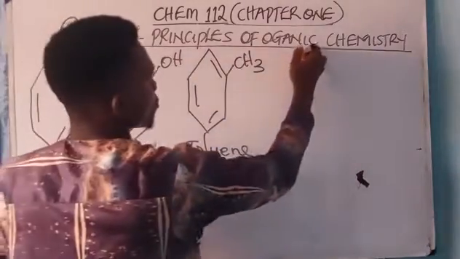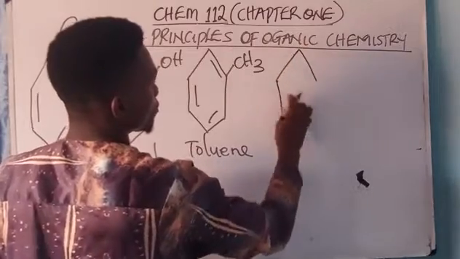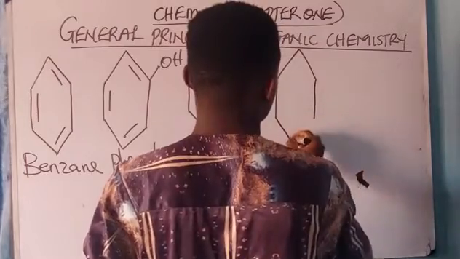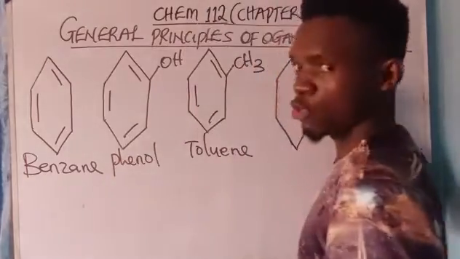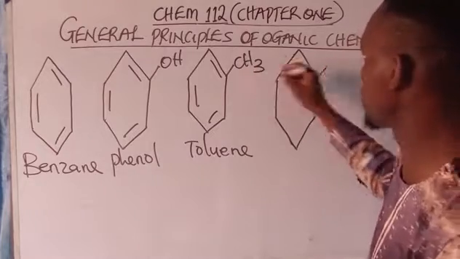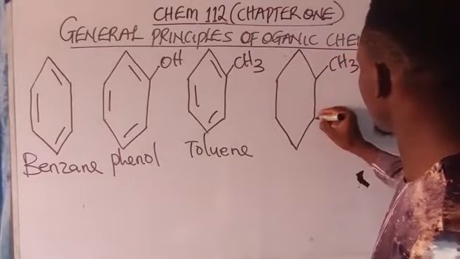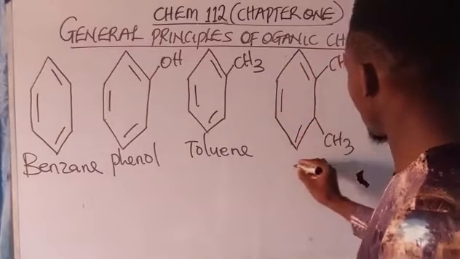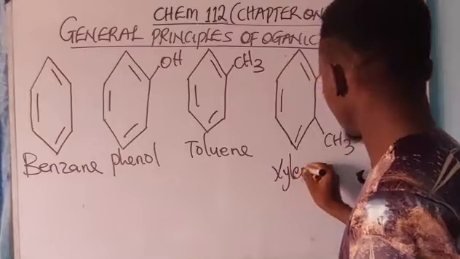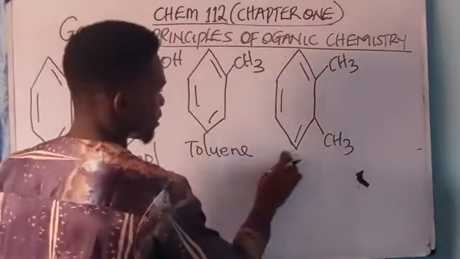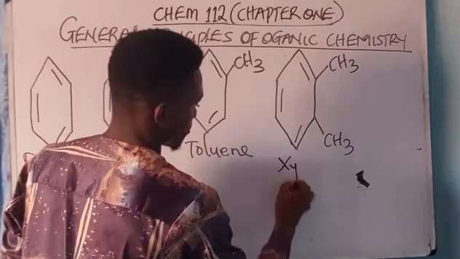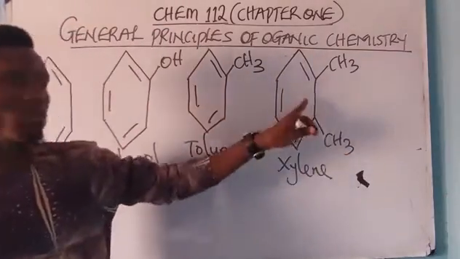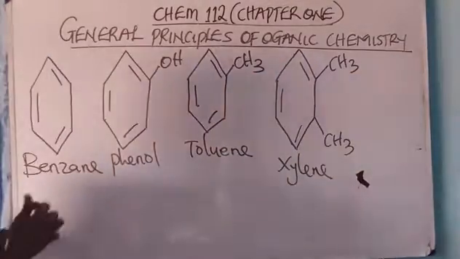But if I have two methyl groups attached to a benzene, that is CH3, CH3, I will call it a xylene. When two methyl groups are attached to a benzene ring, you call them xylene.